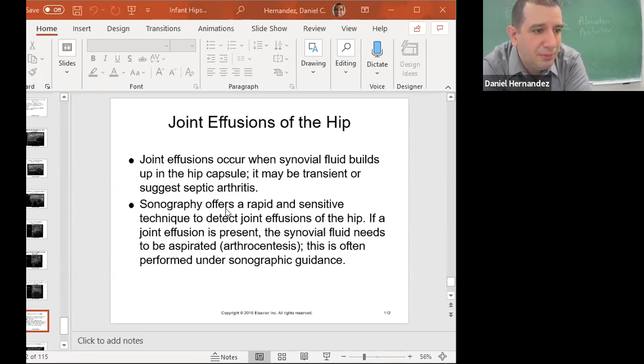Sonography offers a rapid, sensitive technique to detect joint effusions of the hip. If a joint effusion is present, synovial fluid needs to be aspirated, or arthrocentesis performed, and this is often done under sonographic guidance. This is going to be done under the guidance of your interventional radiologist or an MSK radiologist.